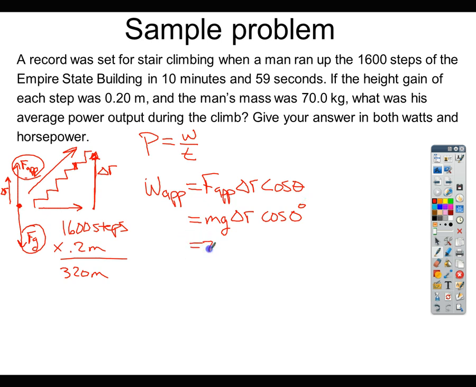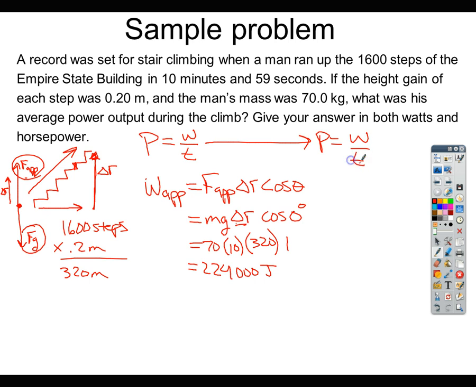This should be equal to 70 multiplied times 10, and then we need to multiply times our distance, which we said was 320, and the cosine of 0 should be equal to 1. So the applied work is 224,000 joules.